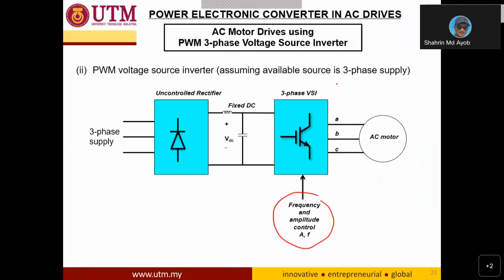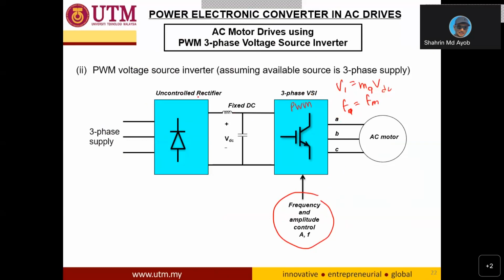Okay. So V1 can be controlled by using the modulation index, and your frequency also can be controlled by the frequency module. So both voltage and frequency can be controlled from the PWM inverter.